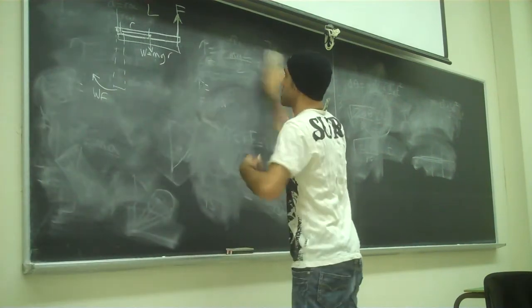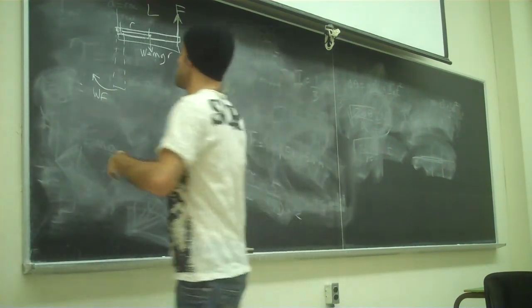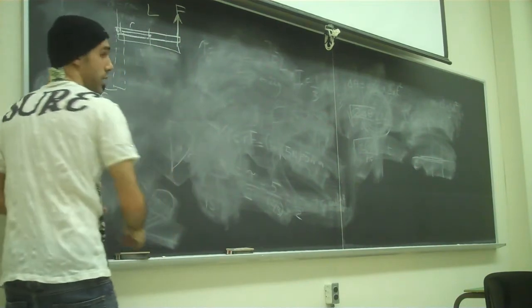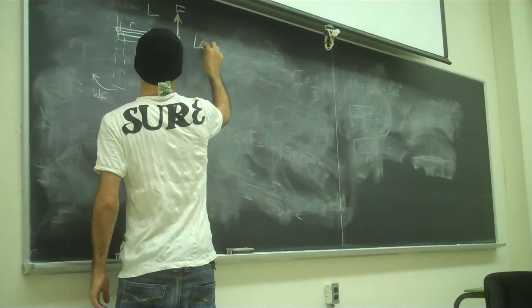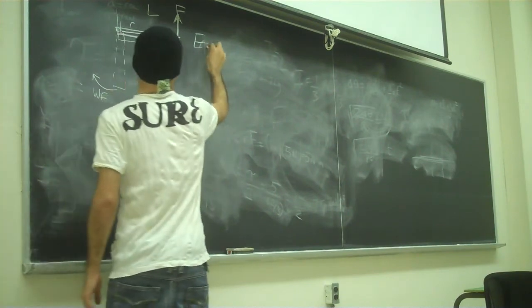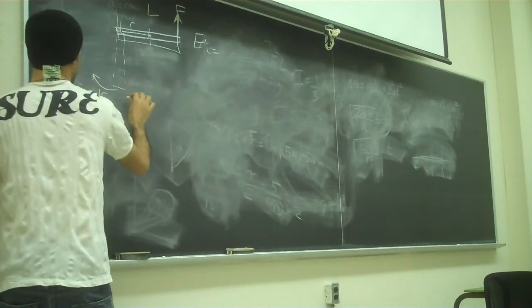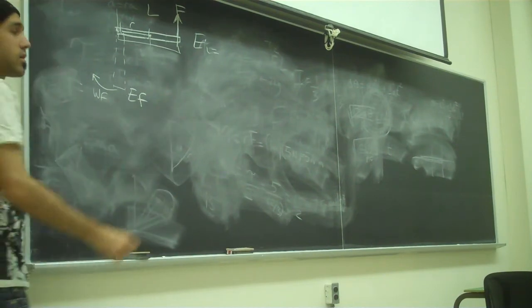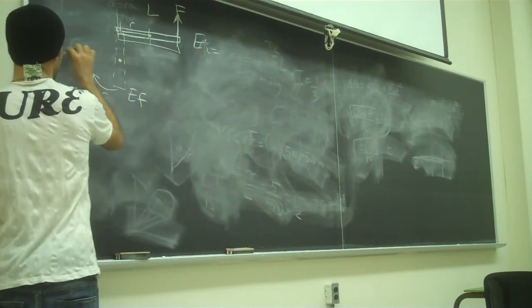So here we don't actually have to look at the torques. What we're going to do is look at the energy, okay? So here, the rod has a certain energy, E initial, and at the bottom it has some other energy, E final. Okay? Let's look at the center of mass of the rod. It's here.